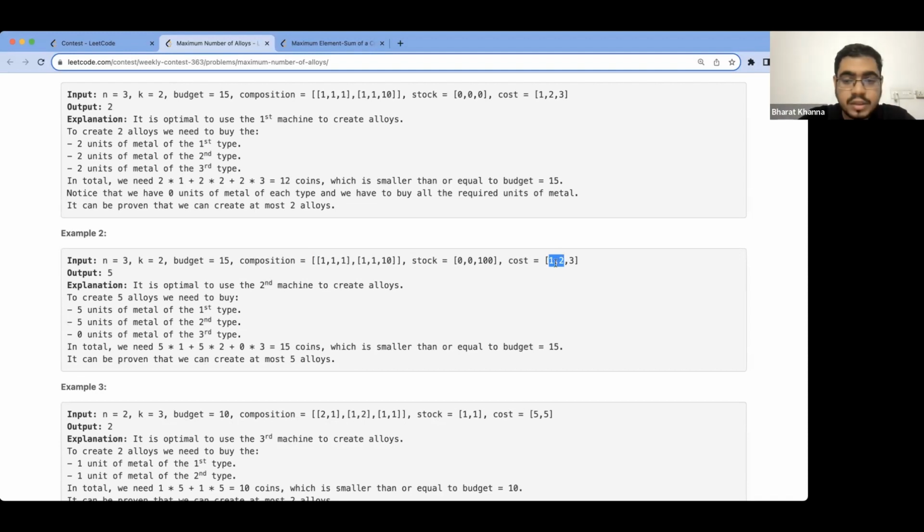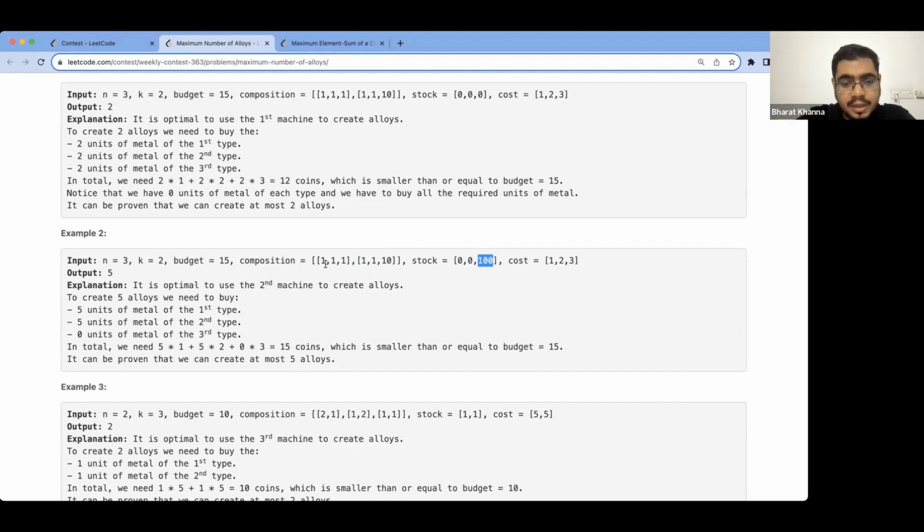So if I'm just using 3 rupees to make one, how many can we make using this particular machine? 5, because we have 15 rupees. Let's talk about this case. Again, we can make 5. The thing remains the same, because even for 10 into 5, it is just 50, and we have 100 of them, right? So in both cases the answer is the same. Does that make sense? Yes or no?